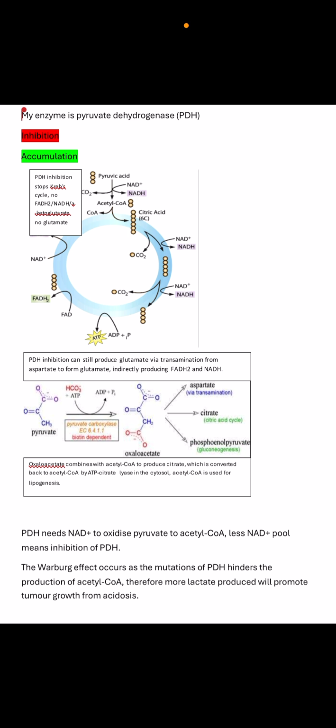And cancer cells prefer this type of environment, a very simple energy pathway, and that will lead to more anaerobic respiration, which produces more lactate, which will promote tumor growth from metabolic acidosis.